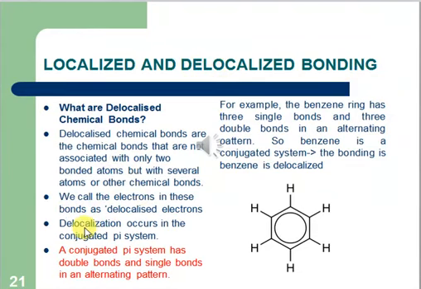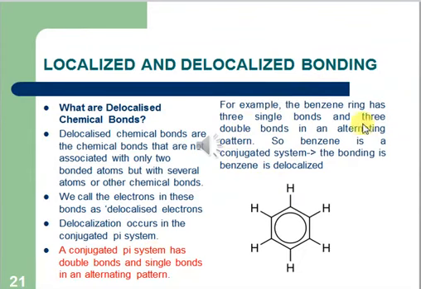Whenever delocalization occurs, it always occurs in a pi conjugated system. A conjugated pi system, or simply a conjugated system, is a system in which there are alternate double and single bonds. Whenever you have a double bond, then a single bond, then a double bond, and then a single bond, such a system is known as a conjugated pi system. For example, take benzene.